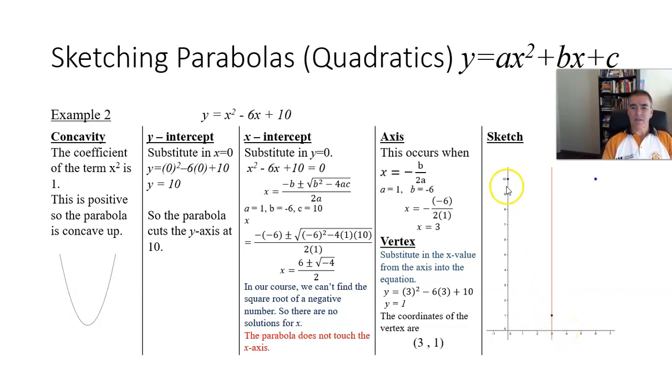So I've just reflected that point over to here, and now we can do our nice smooth curve coming down through the y-intercept, down through our vertex, and back up through this reflected point. And then don't forget, we can label any important points. There's our vertex there, and no x-intercepts.